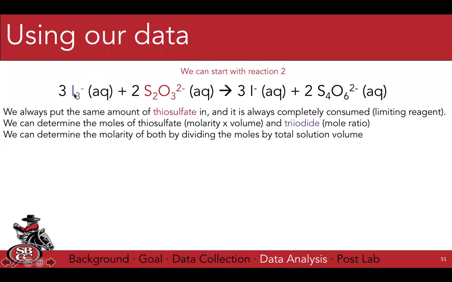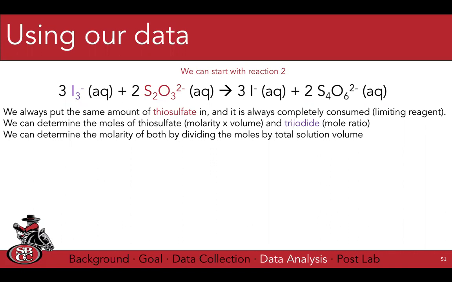And so we know the amount of triiodide because of this mole ratio here. We know the amount of triiodide it takes to reach that endpoint, to use up all of the limiting reagent. That will always be the same amount of triiodide. It just will take a different amount of time if reaction 1 is slower or faster.